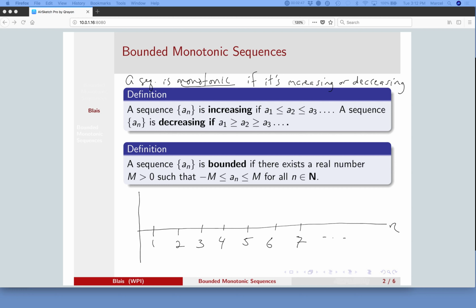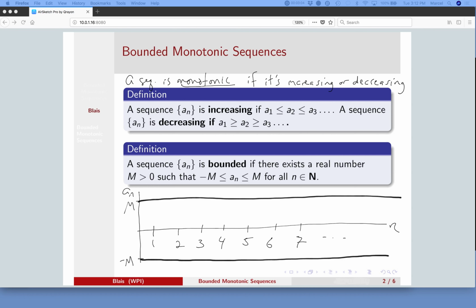And over here, on the a sub n axis, this value would be M, and this value would be minus M. So we're saying that in this band, all of the terms of the a sub n live.